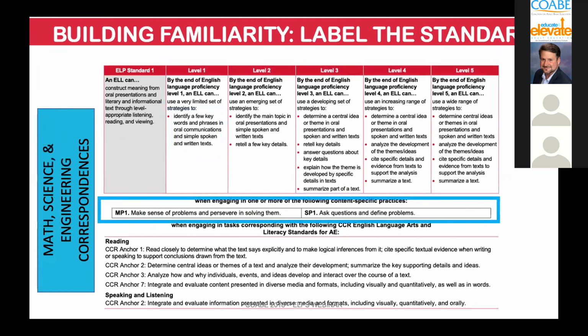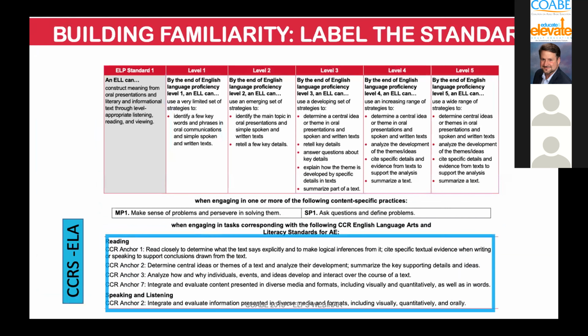The next section of the standard is the math, science, and engineering correspondences, and you'll find that in the center of the page. And then at the bottom are the CCRS anchor standards that relate to the ELP standard listed. So if you're familiar with the CCR standards, then you can do that correlation back to the ELPS standard, and hopefully that will help you understand it better.